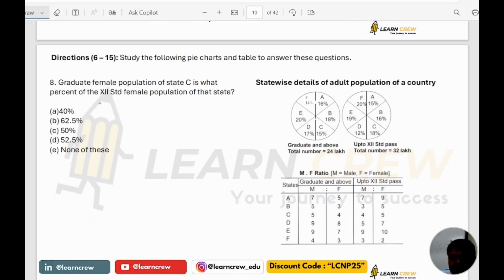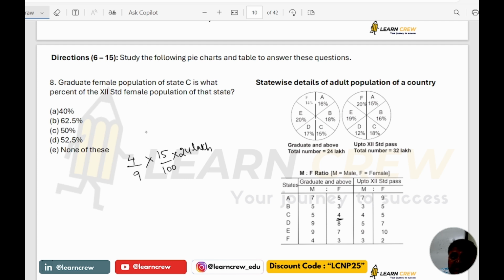Now next, graduate female population of state C. Graduate female population of state C means how much? 4 by 9. 4 by 9th of how much? C is 15 percentage of 24 lakhs.